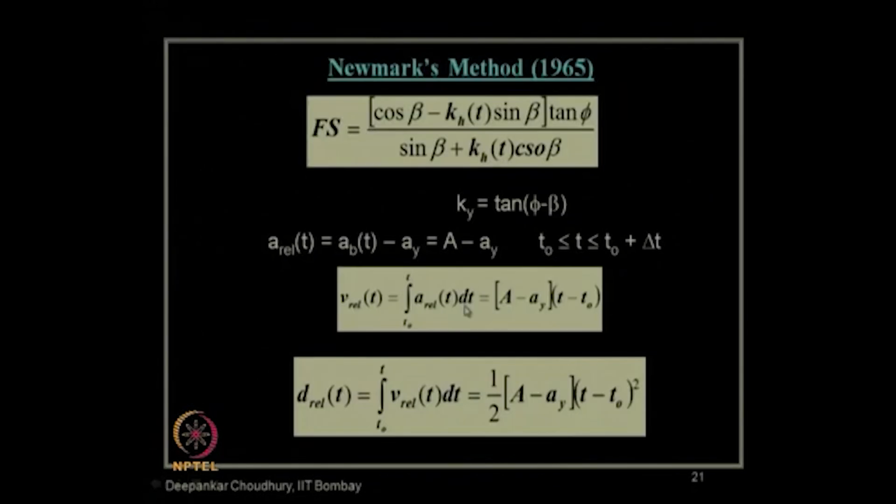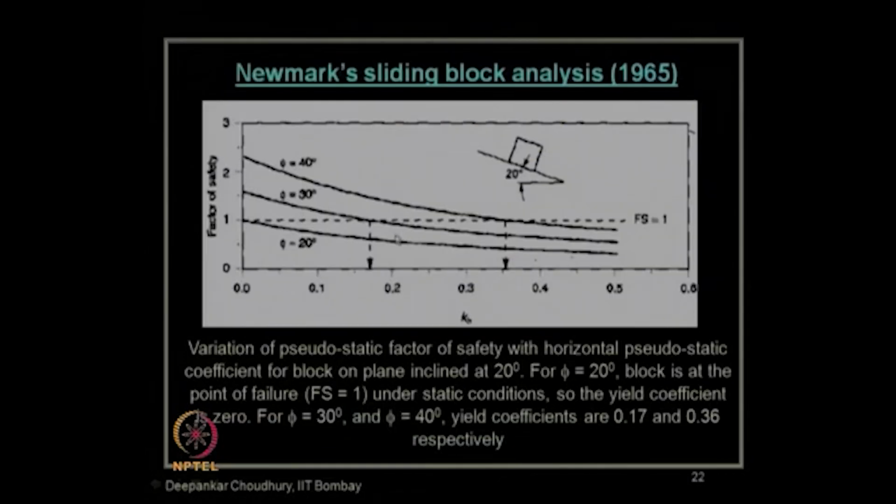So, if you use different values of kh, and if you know this beta value equals to 20 degree, you can easily find out what will be the factor of safety, that you can easily plot for different values of phi. So, that is what has been done here. The plot of different values of factor of safety with different kh value as input and phi value as input, these curves have been plotted.